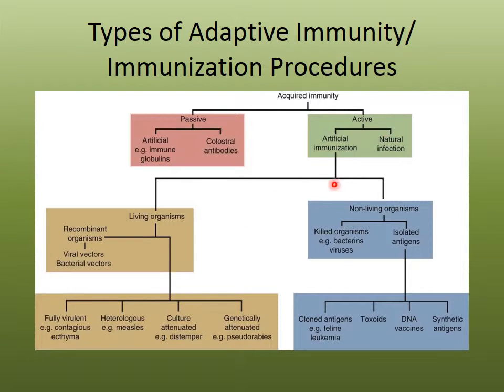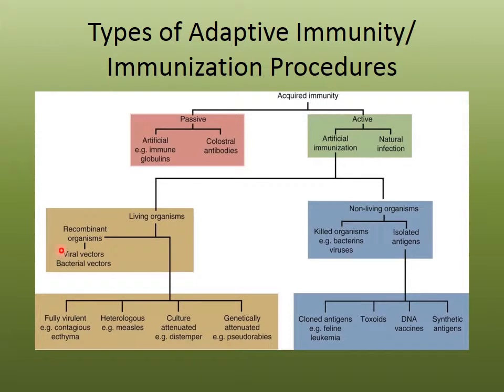Active immunization can be further subcategorized into living or non-living organisms that are contained within the vaccine. So living organisms over here, we have recombinant organisms. That means organisms that are almost like the real thing, only there's been a little bit of a change in the DNA or something, and that's the recombinant organism.